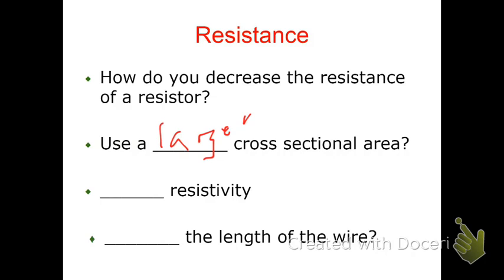How about the resistivity? Well, that's simply the actual material that it's made out of, and you'd want a low resistivity to have a decreased resistance. And how about the length of the wire?